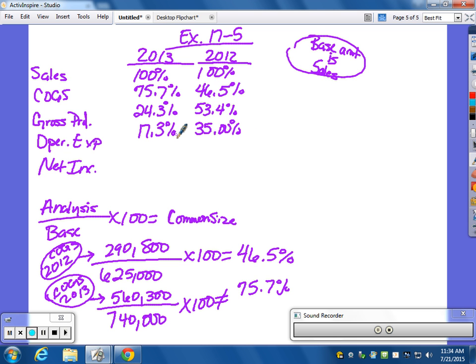Net income 2012? 18.5%. What about 2013 net income? 6.9%, so 7%.